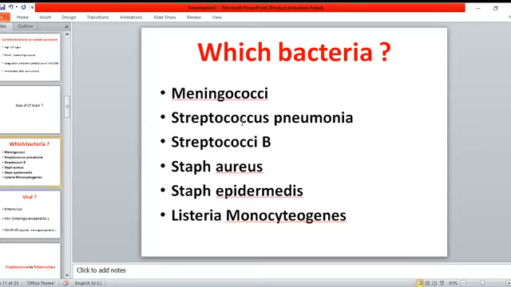The next step: which kind of bacteria? Is it meningococci? Is it streptococci? Is it Staph aureus? Is it Staph epidermidis? Listeria monocytogenes? Of course, the most common bacteria encountered in the exam will be the meningococci or Streptococcus pneumoniae or Listeria monocytogenes. But of course, you have to know when you suspect these other organisms.